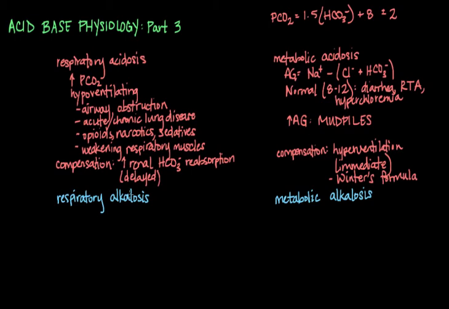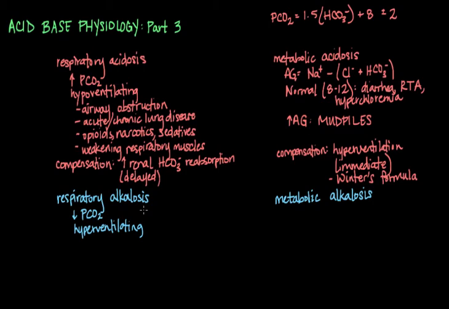Now let's move on to respiratory alkalosis. If a patient has respiratory alkalosis, this means their PCO2 is too low, which means that they are blowing off too much carbon dioxide. And what would cause a patient to blow off too much carbon dioxide? Well, they would do this if they were hyperventilating, or ventilating too frequently.